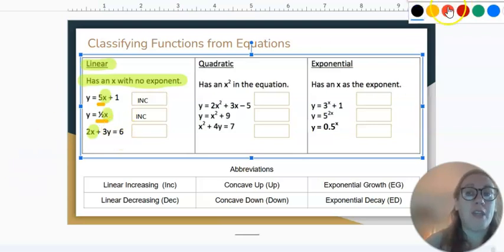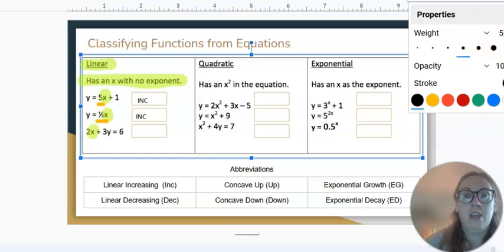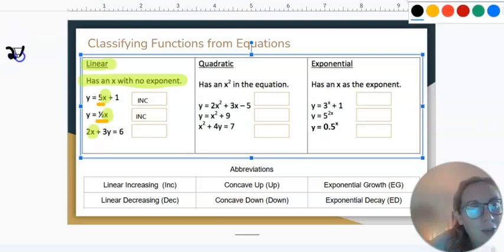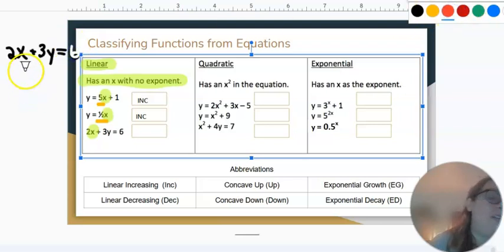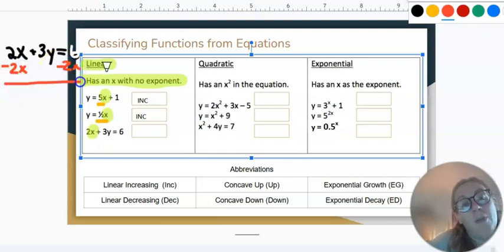For the next one, it's a little tricky because the x is not alone yet. So we have 2x plus 3y equals 6. So what we're going to do here is we're going to subtract 2x because when we're in our form for linear functions, we want the y to be by itself.